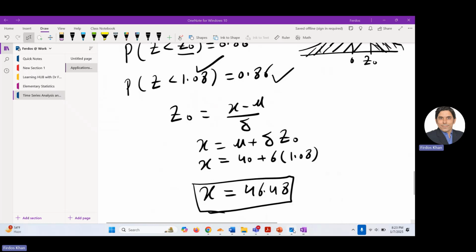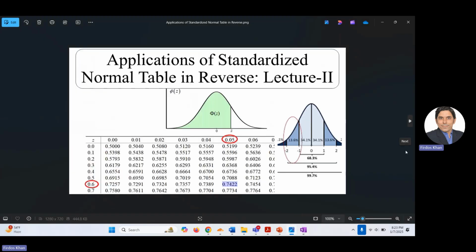This is all about how we can use the standardized normal table in reverse. Usually we find probabilities for given values of the random variable: we convert x to z and then find the probability from the table.